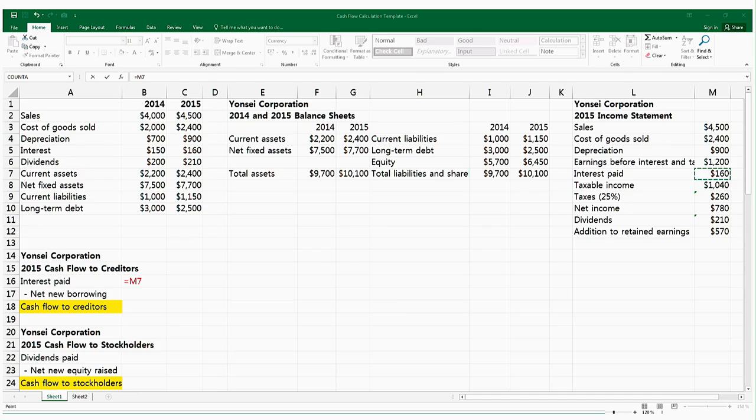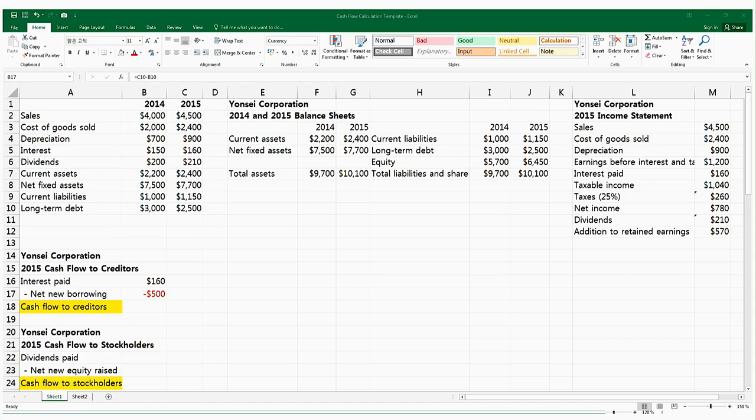Next, let's calculate cash flow to creditors and stockholders. First, interest paid is in cell M7 and it is $160. Net new borrowing is long-term debt in 2015 minus long-term debt in 2014 and it is minus $500.